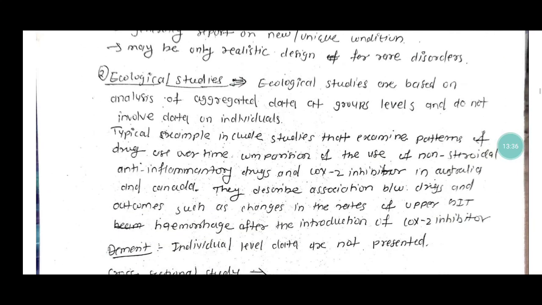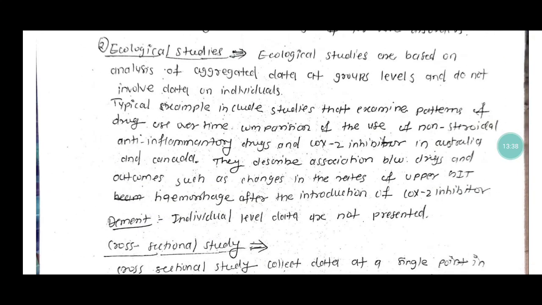And number 2 is ecological studies, where ecological studies are based on the analysis of aggregated data at group level, which do not involve data on individuals. Typical examples include a study that examined patterns of drug use over time, comparing the use of non-steroidal anti-inflammatory drugs and COX-2 inhibitors in Australia and Canada.